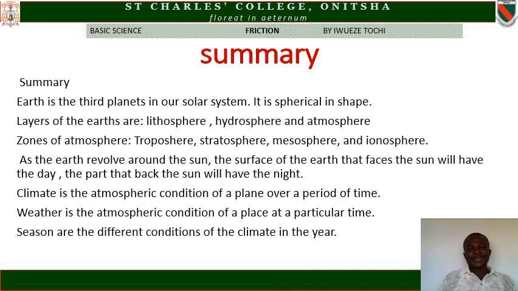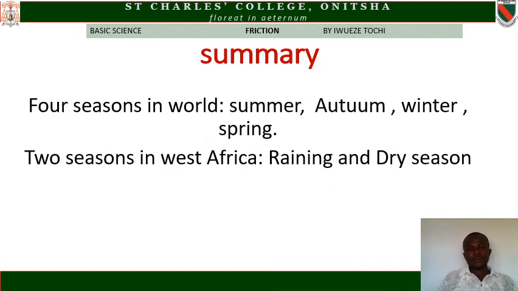Seasons are the different conditions of the climate in the year. 4 seasons in the world are summer, autumn, winter, and spring. 2 seasons in West Africa are rainy season and dry season.